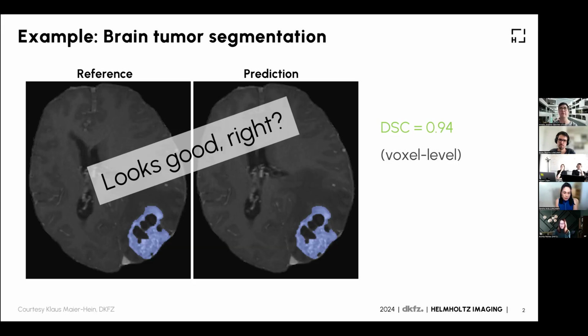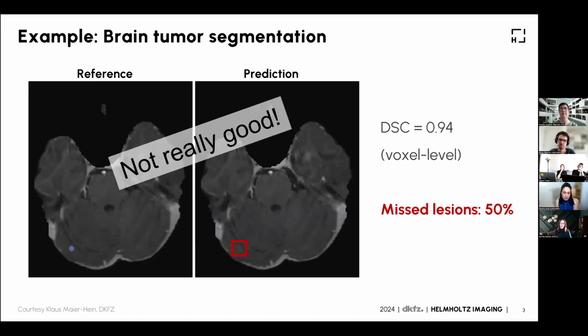However, the problem is that this algorithm is not as good as we think, because if you look at a different slice of this very same patient, you will see that the algorithm is really missing the small metastasis. So the new lesions, which are actually from a clinical perspective most relevant. And the problem is that the metric behind that, the Dice coefficient, is just not able to detect these problems, because from a pixel level perspective, this algorithm would be very great.